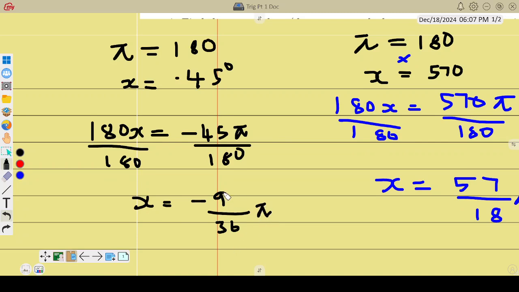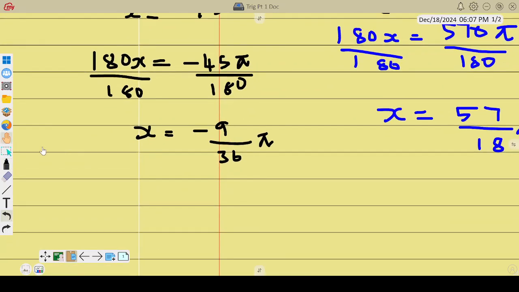So 9 can go into 36 as well, so we can simplify further. So x is equal to negative 1 over 4. So negative 45 degrees is negative pi over 4.